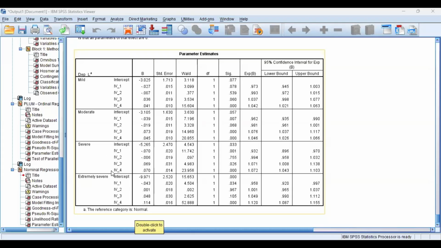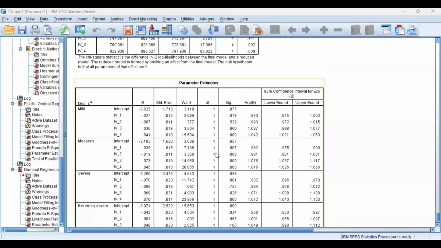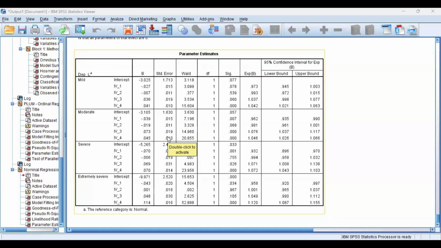If a participant has higher levels of anxiety, they are more likely to experience severe levels of depression compared to normal levels of depression. So again, it is comparing just two levels with each other. That is very similar to binary logistic regression, but the point of comparison is different in different levels. So that's all. It's a very similar interpretation to binary logistic regression.